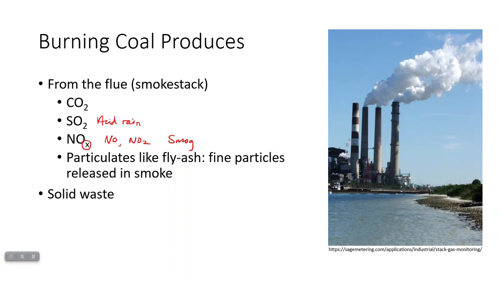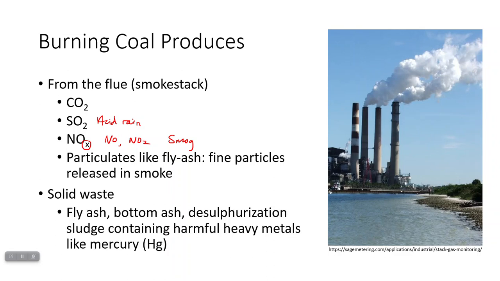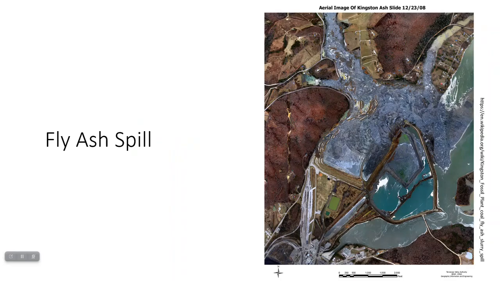Then, burning coal also produces solid waste, what's left behind from burning the coal, things like ash, both fly ash and bottom ash. One of the processes that's used to try and remove some of the sulfur dioxide from the smoke that's produced from burning coal makes a sludge called desulfurization sludge. We'll talk about that more when we talk about how we try and remedy air pollution, but this stuff can contain harmful heavy metals, things like mercury, and those can be dangerous for the environment as well, especially since sometimes that fly ash spills out of its containment.